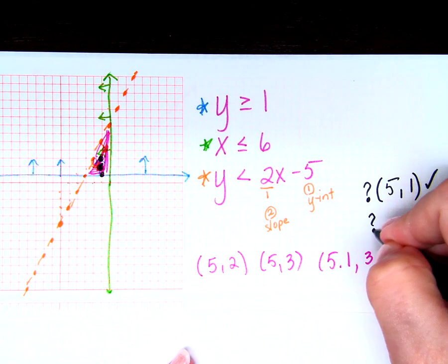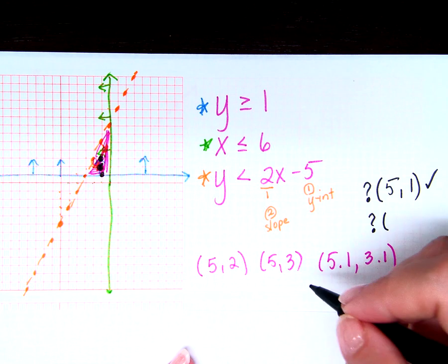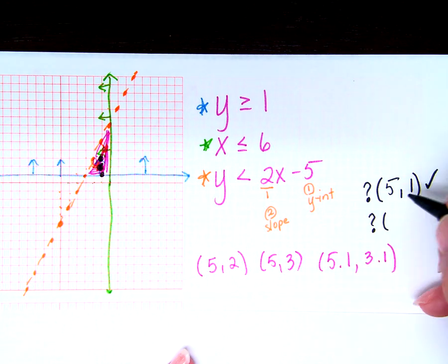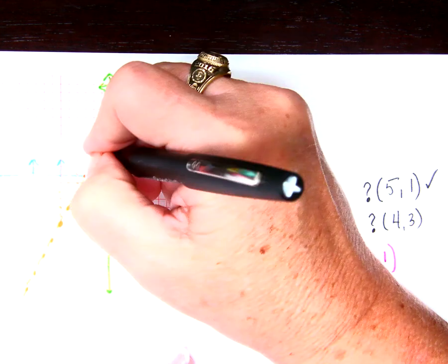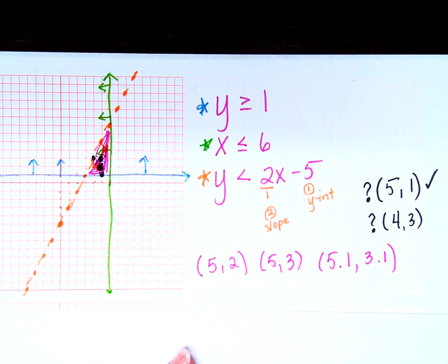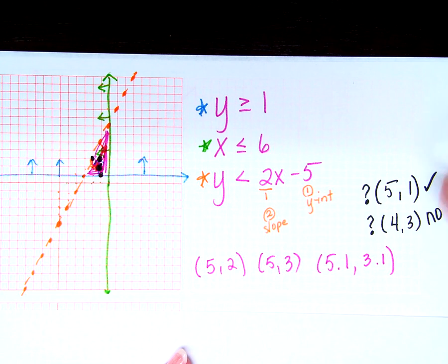What about (4, 3)? No, it's on a dotted line. So if it's on a solid line, it is a solution to the system. If it's on a dotted line, it is not a solution to the system. Does that make sense? Any questions about that?